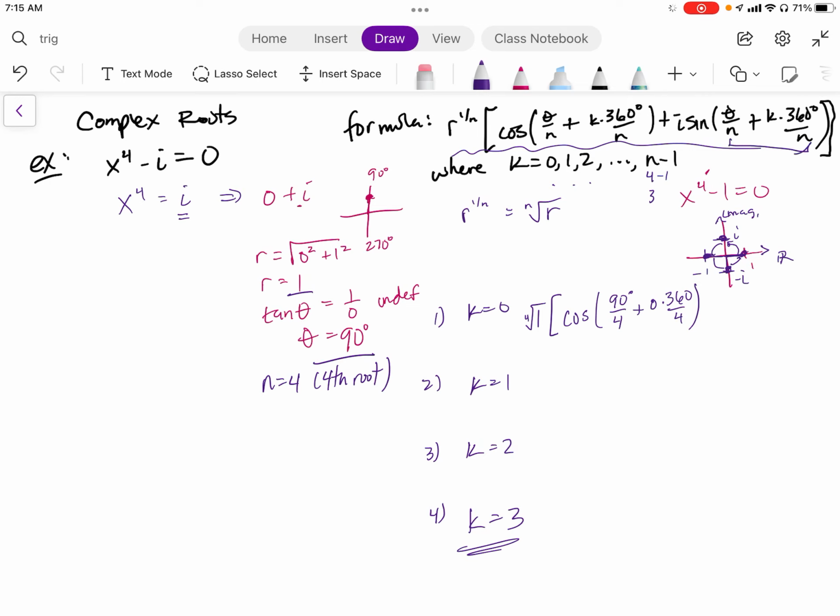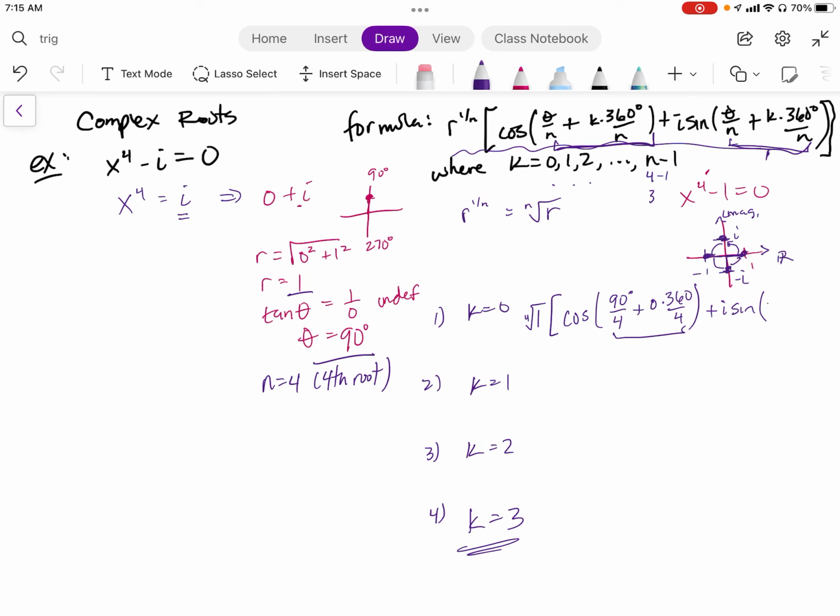Notice this part of the formula for sine is the same as this part for cosine, so whatever I get here, I could visualize 90 over 4 plus 0 times 360 over 4. I would have 90 over 4, that's not a pretty number, what is it, 22.5?